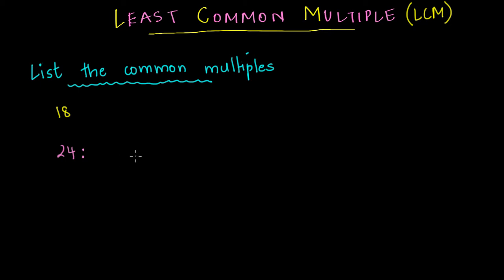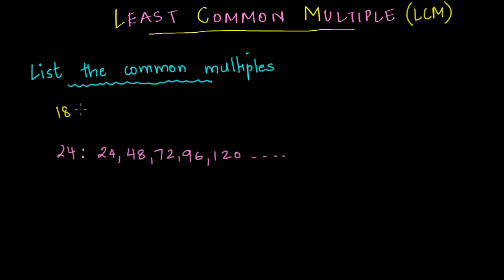And obviously we are not going to list all the multiples, so let's list the first 5 multiples. So the first multiple of 24 is 24. The second multiple is 48. The third multiple is 72. The fourth multiple is 96. The fifth multiple is 120, and so on and so on. And I'm going to stop here.